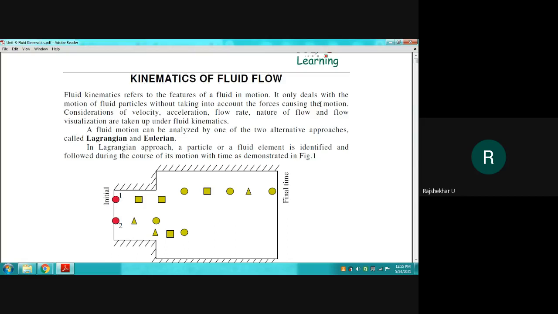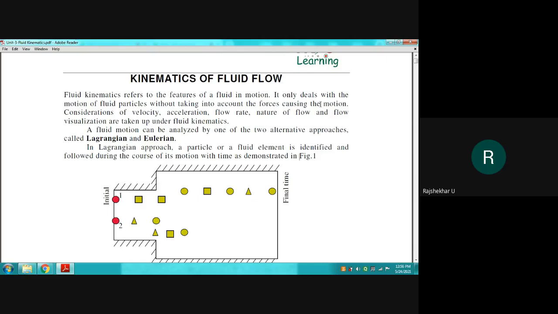So as we have discussed in the introduction classes, what is fluid mechanics? Already we have discussed this. It is the study of fluid when the fluid is in motion. But here we are not considering the forces which are making the fluid move. We are just studying the properties of the fluid when it is in motion.